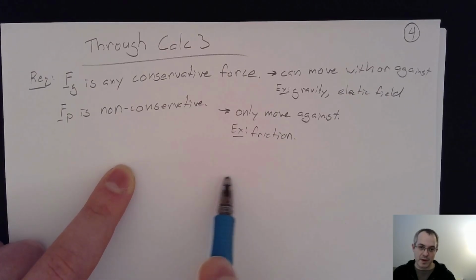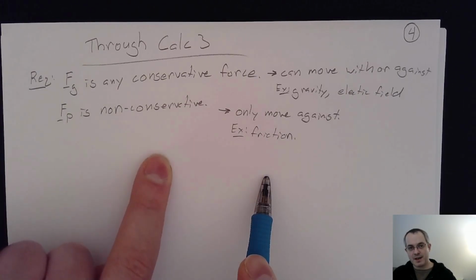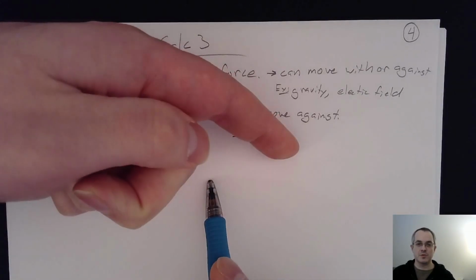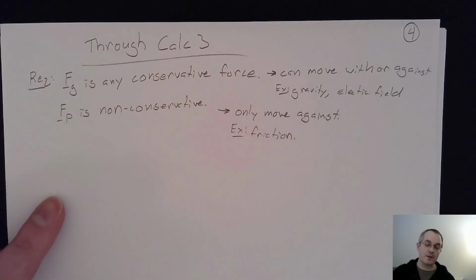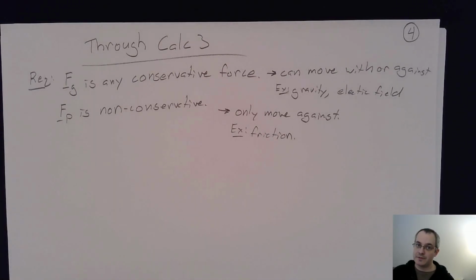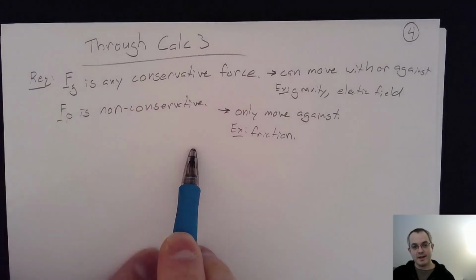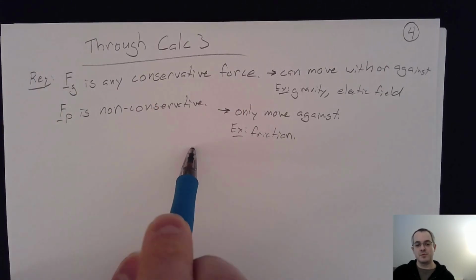You can move this way and friction's pointing to the left, and if you decide, okay, I'm going to start moving to the left, then well, now friction's pointing to the right, okay? So friction is a non-conservative force. But gravity is a conservative force because you can move up in opposition to gravity, or you can move down with gravity.